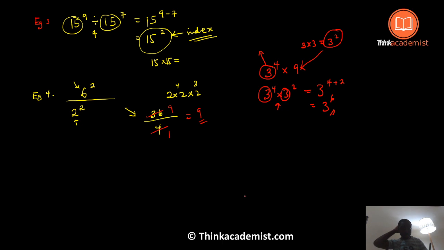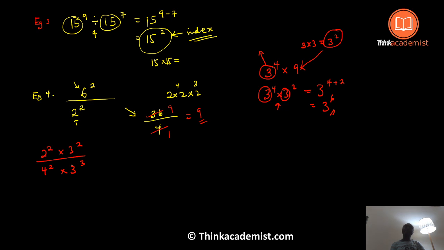Let's take another example. If I have 2 raised to the power 2 times 2 raised to the power 2, all over 4 raised to the power 2 times 3 raised to the power 3. Look at it closely.